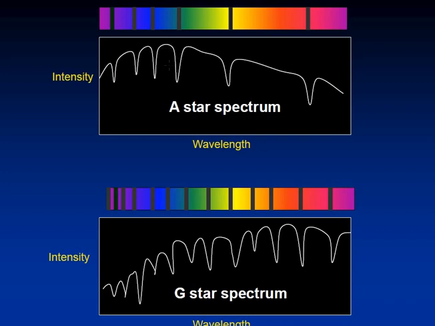The peak is somewhere around here, and here the peak is somewhat different. So this means that they have different overall temperatures. Next, look at the absorption lines. The pattern is also very much different. So these two stars differ both in terms of brightness, effective temperature, and also the spectral features as well.